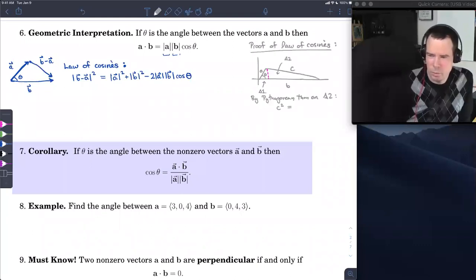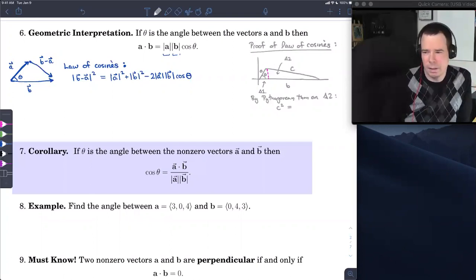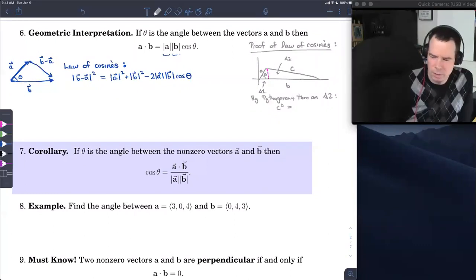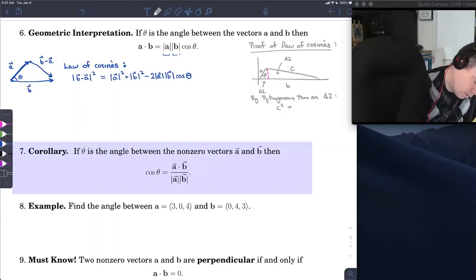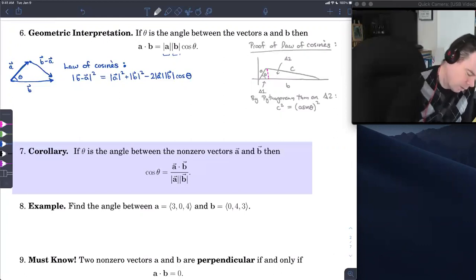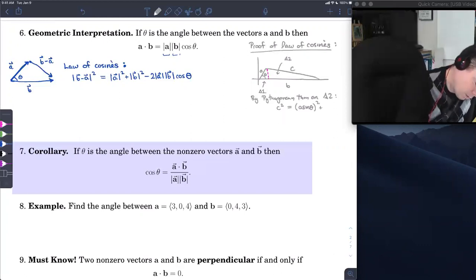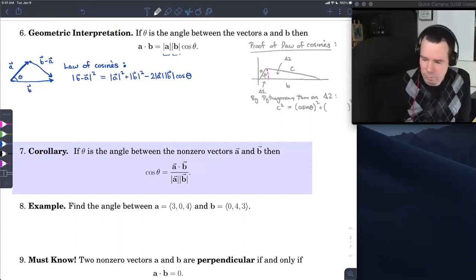And so now I have to think, what is the height? Well, the height is the length of that purple line segment. But I can get that height by looking at triangle 1. In triangle 1, I've got the hypotenuse A, so I know what its height is. It's going to be A sine theta. So the height of that purple line segment is A sine theta, and that's all squared, plus, now I need to know the base of triangle 2.